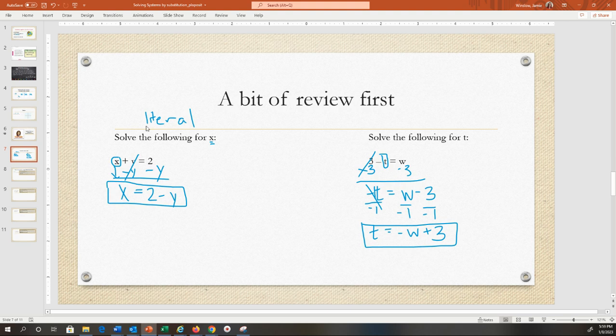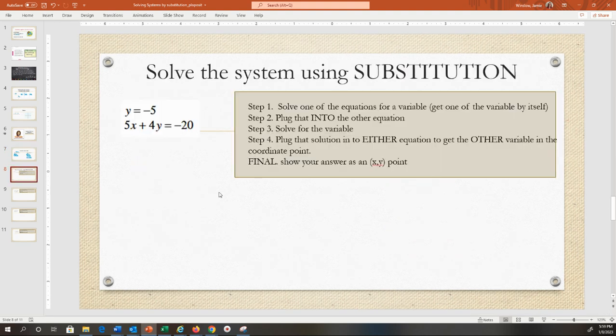This is going to come in handy for us when we're solving our systems by substitution. So let's try one. Over here, I have some steps. You do not have to follow these steps, but I thought it might be helpful as you're getting used to this practice. Step 1 says solve one of the equations for a variable.